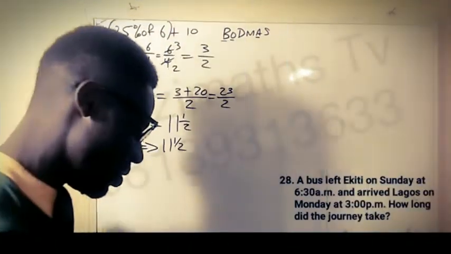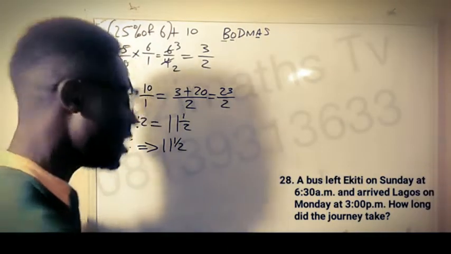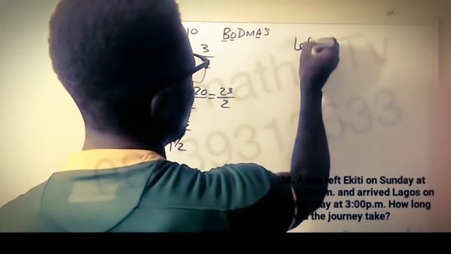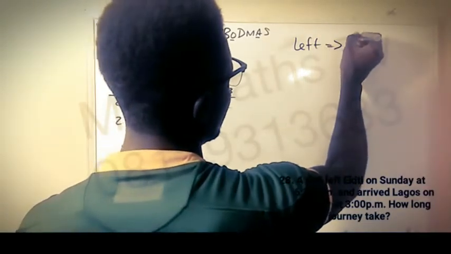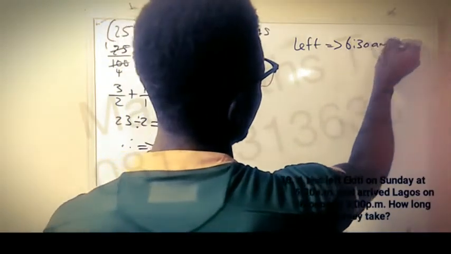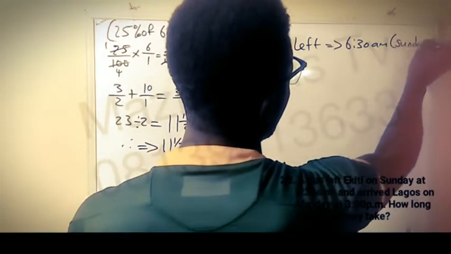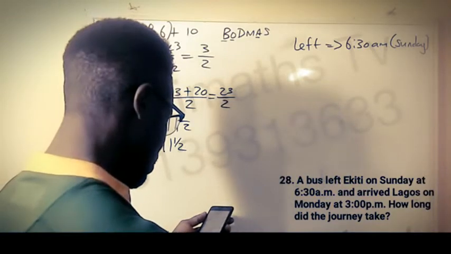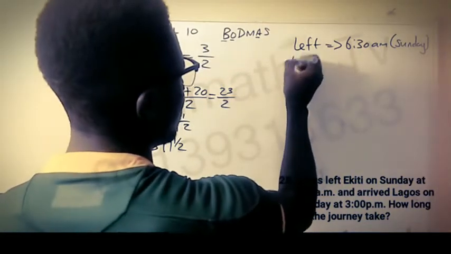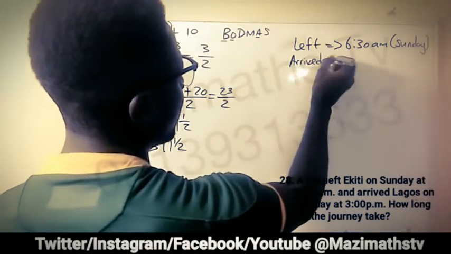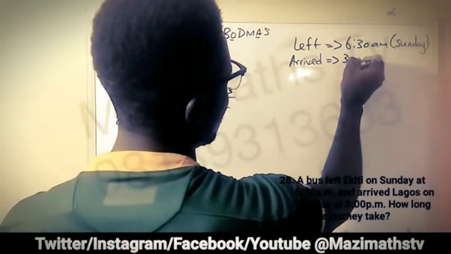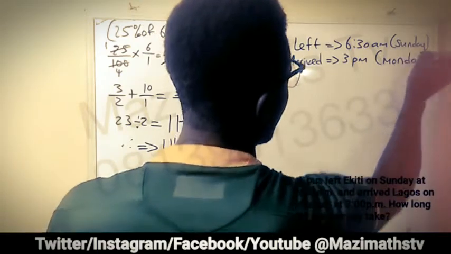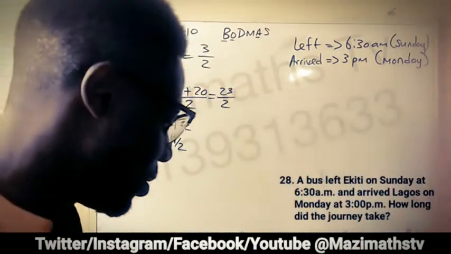The bus left Ekiti on Sunday at 6:30 a.m. and arrived at Lagos on Monday at 3 p.m. Now calculate the time.